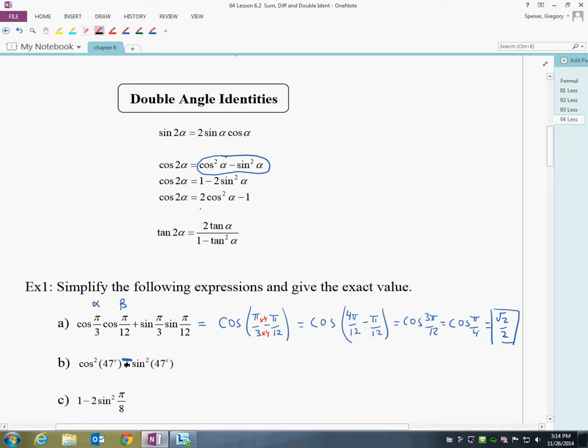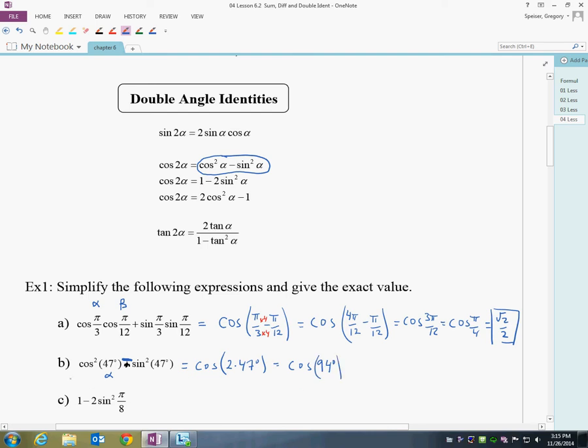How would we solve that question? It's pretty close. Oh, it actually is exactly this: cos squared alpha minus sine squared alpha. In this case, alpha is equal to 47 degrees. We don't have to do any playing around. So my answer will be cos of 2 times 47 degrees, which would be equal to the cos of 94 degrees.